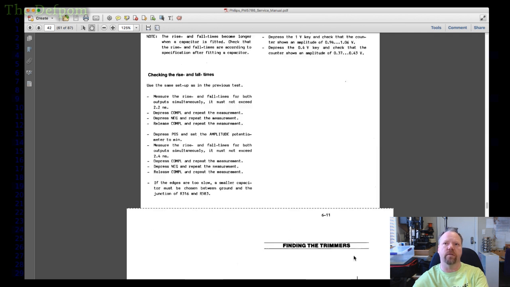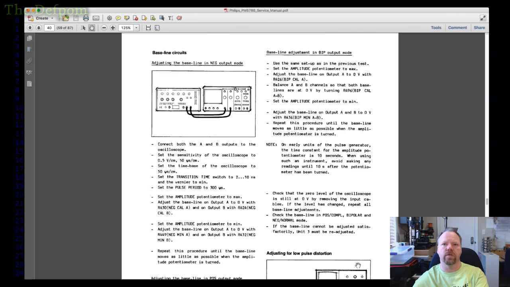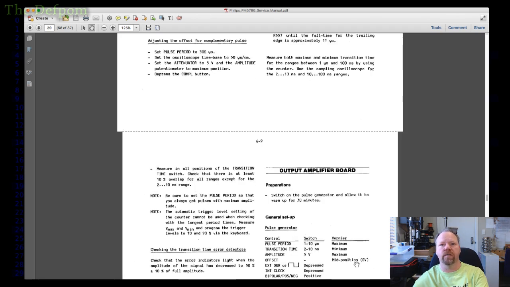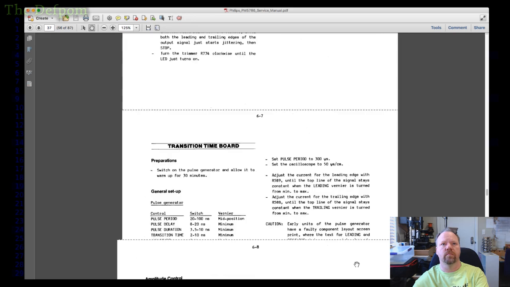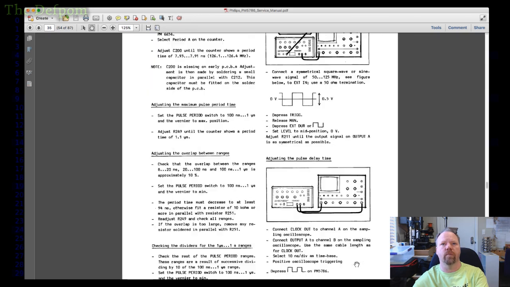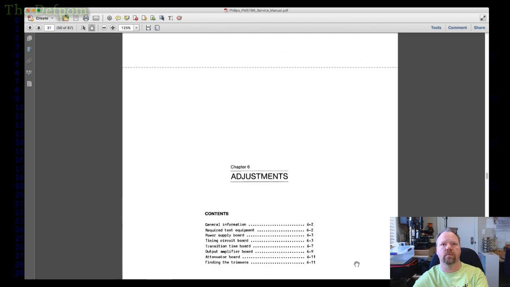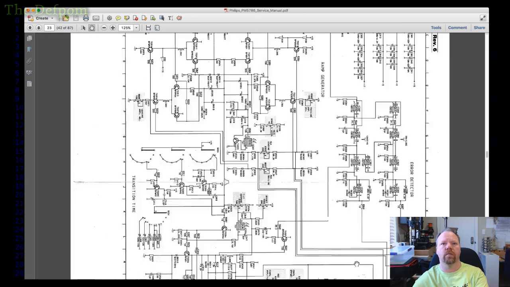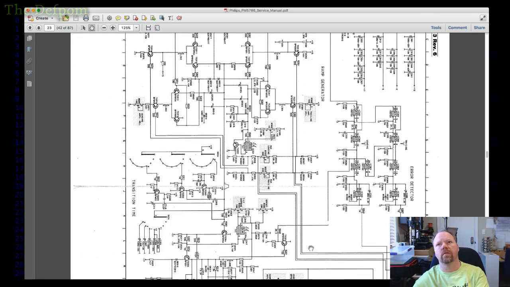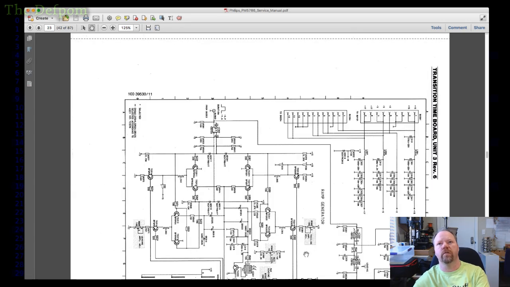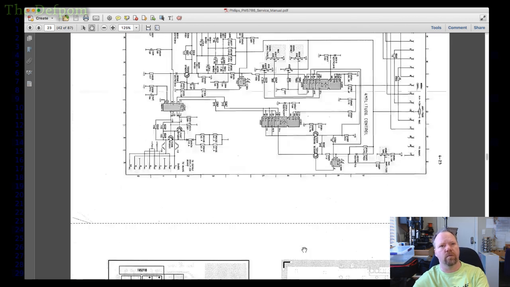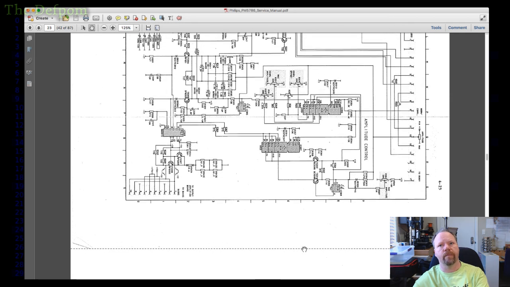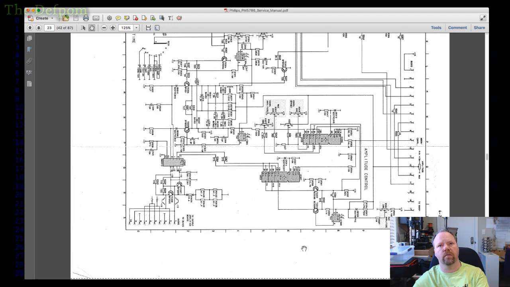Somewhat different construction, multiple boards, but all I'm really worried about is the diagram of this output board to see if it's similar. Is that it? Transition time board? No. It's got amplitude control in there though.